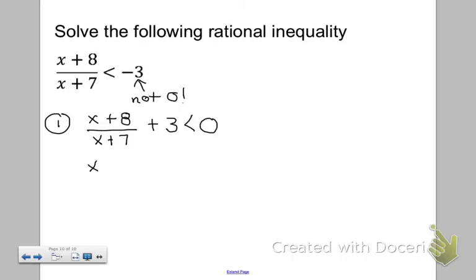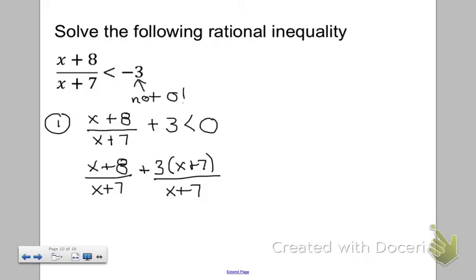When I do this, what's going to happen is I have to multiply 3 by x plus 7 over x plus 7. That's a legal move. What I did to the bottom was the same thing as what I did to the top. X plus 7 over x plus 7 is really just like 1. So that's why I can get away with it.